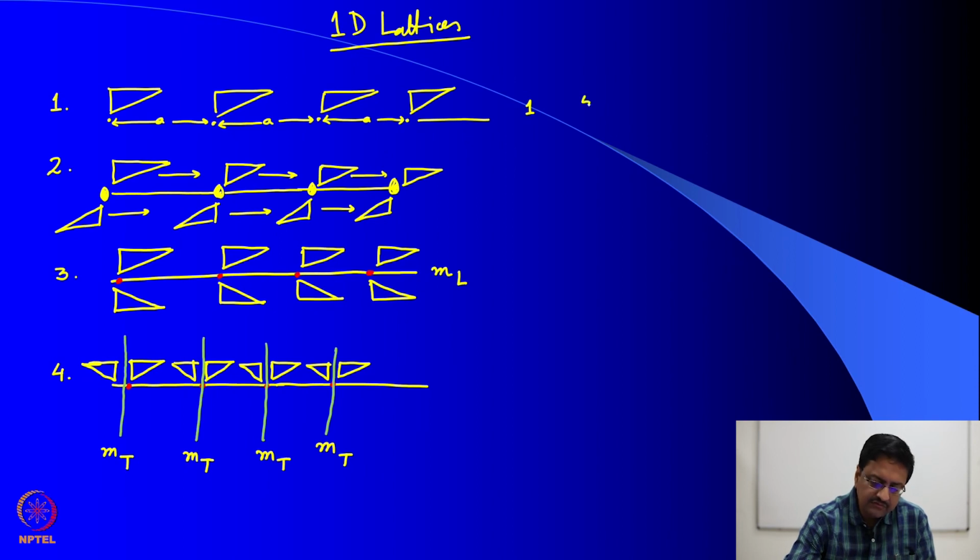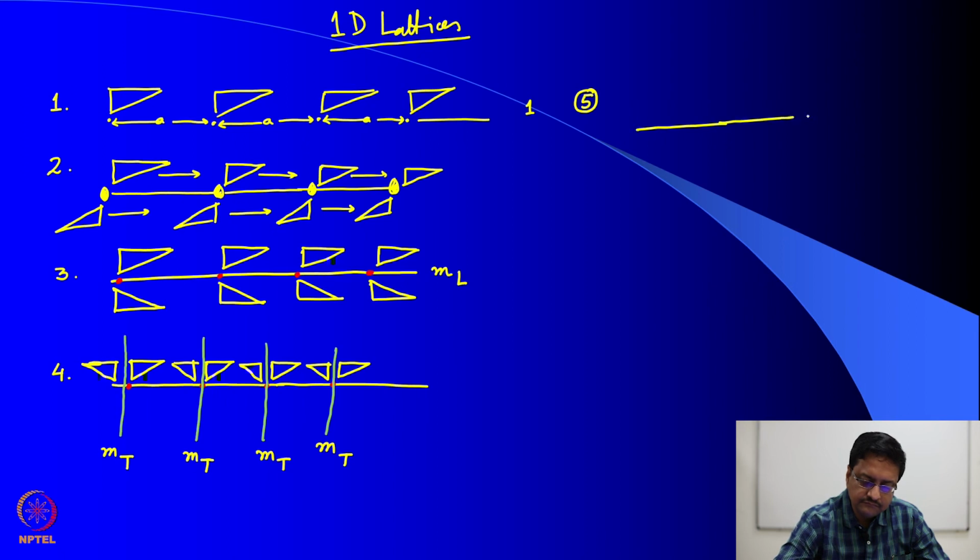The fifth type of 1D lattice can be considered when you have the combination of ML and MT. So this is my ML, and the translational components are at these points.